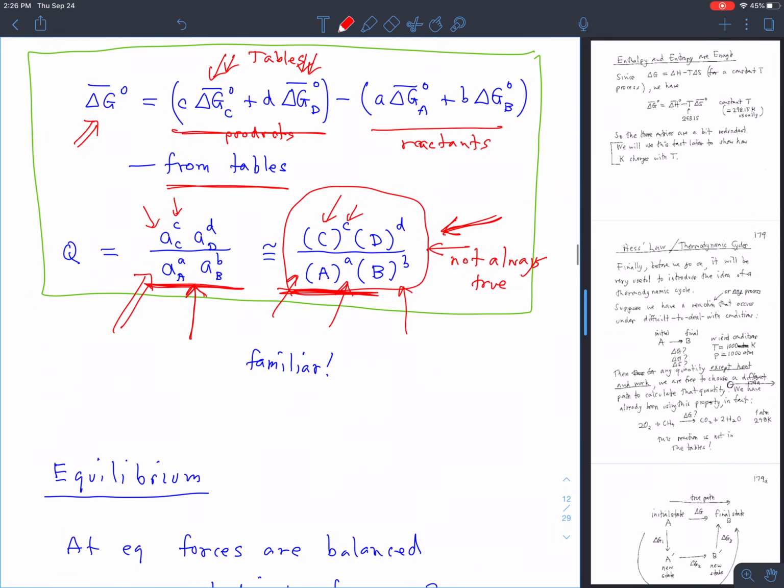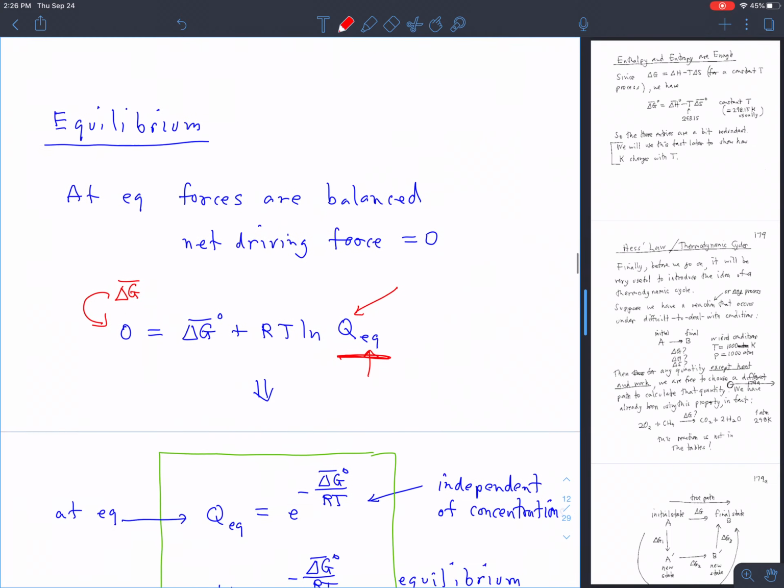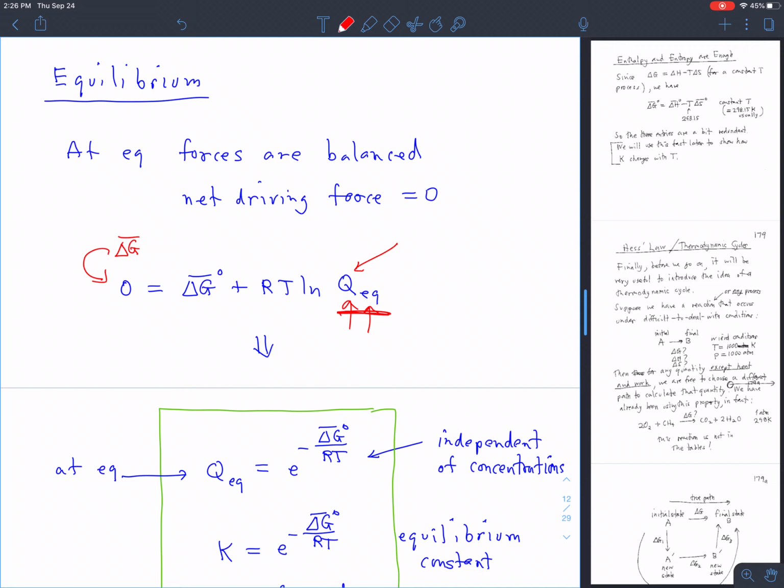What that means, in practical terms, is that all the concentrations will be the concentrations of all the species when the reaction is at equilibrium. Right? I can plug any values of concentrations I like in here, but when I'm at equilibrium, only specific concentrations apply. And if I plug in those equilibrium values, then I get the reaction quotient at equilibrium.